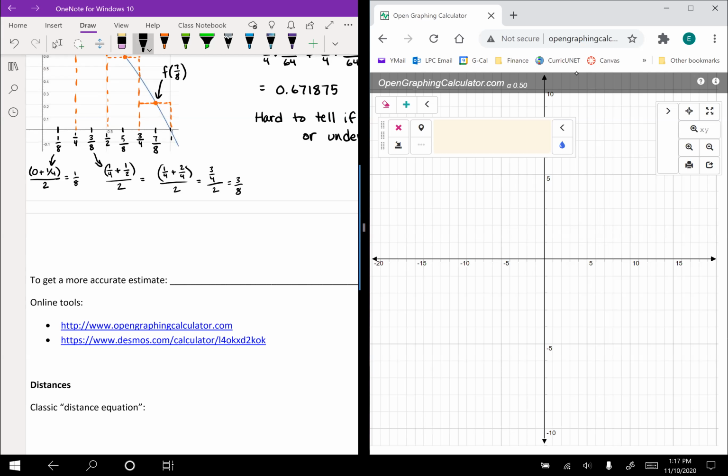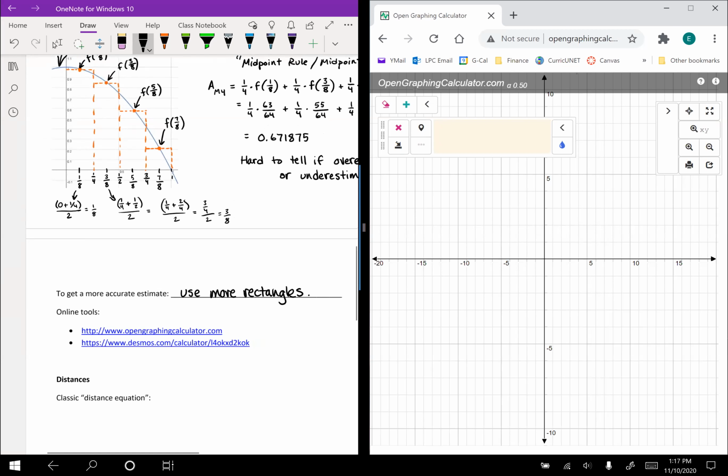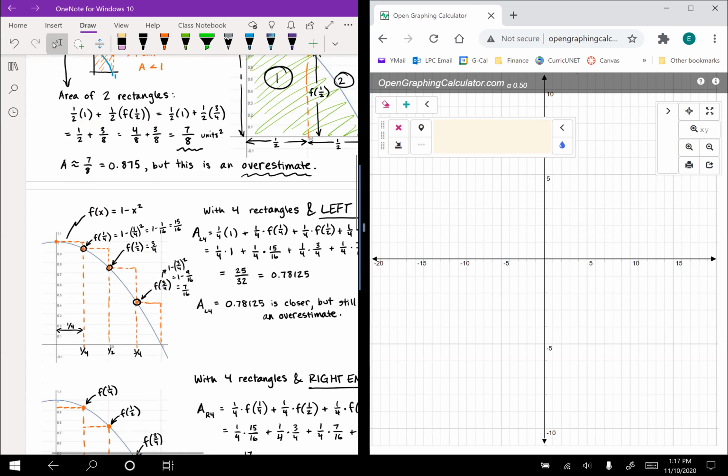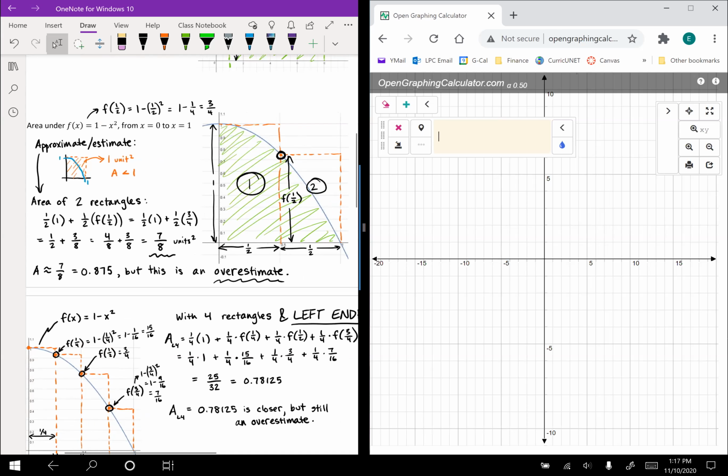And if you want to get a more accurate estimate, one of the main things you can do is to use more rectangles. The more rectangles you use, the more accurate your estimate is going to get. At the very start of looking at this function and that area, we first started with looking at just 2 rectangles and finding their areas and adding it together.